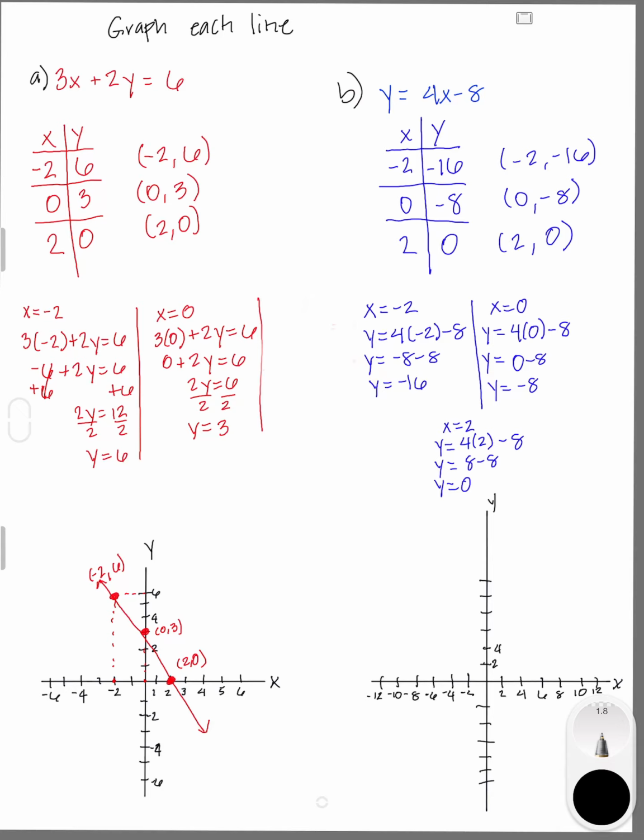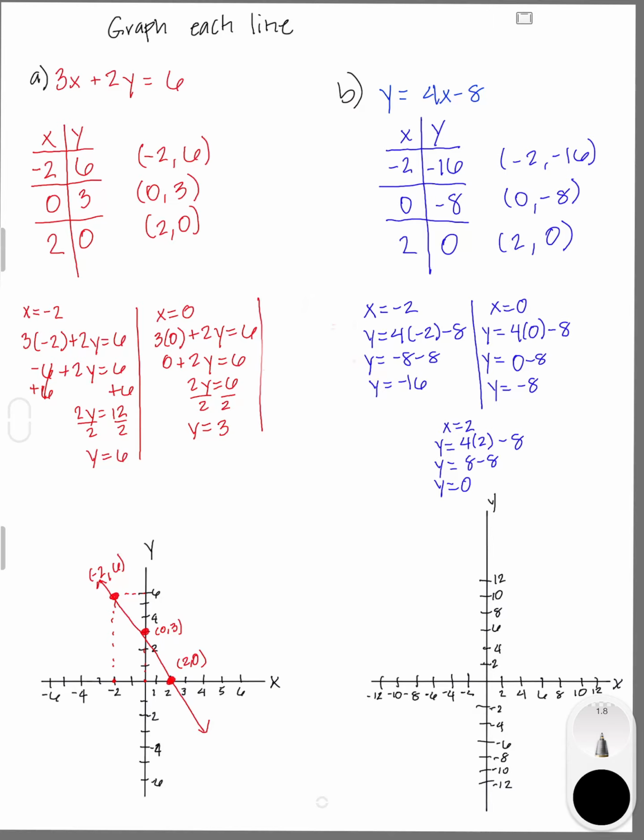Up again, 2, 4, 6, 8, 10, 12, and then -2, -4, -6, -8, -10, and -12. Again, it's up to you how you want to number your y and x axis. Sometimes it's more convenient to even skip by 5, so go 5, 10, 15, 20. It depends on the values that we have in the equation that is given to us.